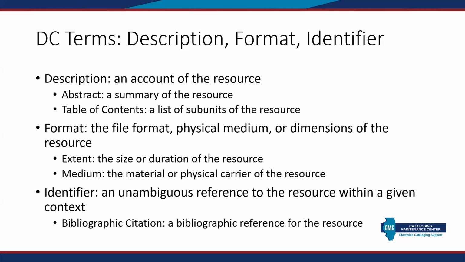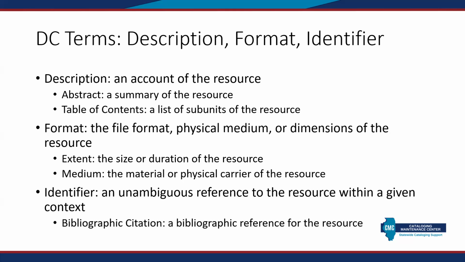Description is an account of the resource. The two official subproperties of description are abstract and table of contents. As we'll see when we look at examples, it's not uncommon to repeat the description field several times to provide different types of descriptive information about the resource. Format is the file format, physical medium, or dimensions of the resource.